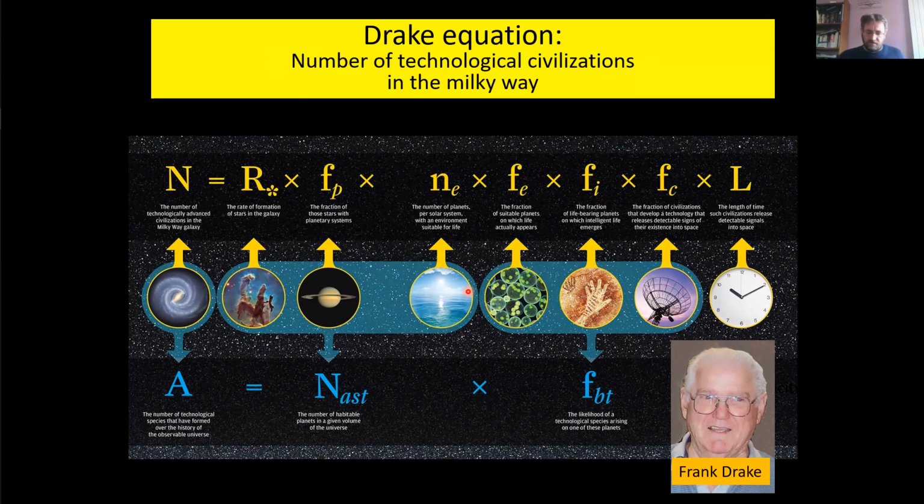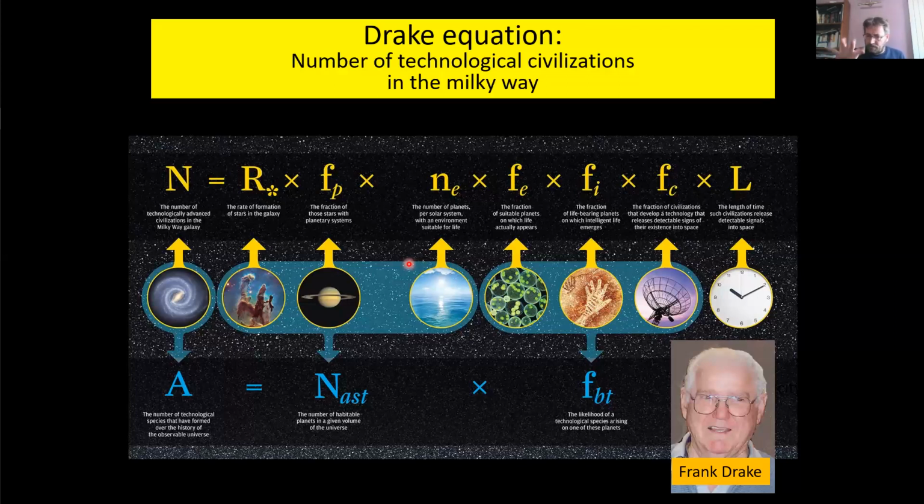Then we can continue with the biological factors. What is the probability that it is suitable for life? Again, we need oceans so that life can evolve. We need land so that technology can start with high-power experiments. What is the chemical composition, so that we can form amino acids and so on?